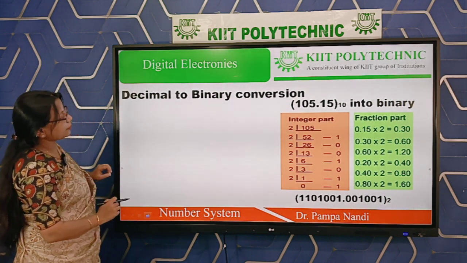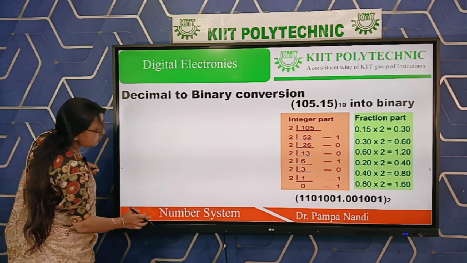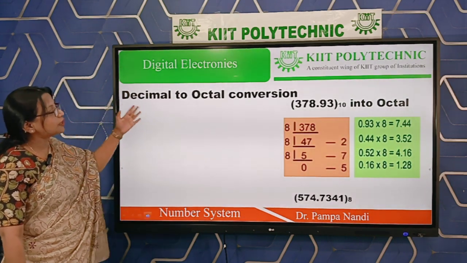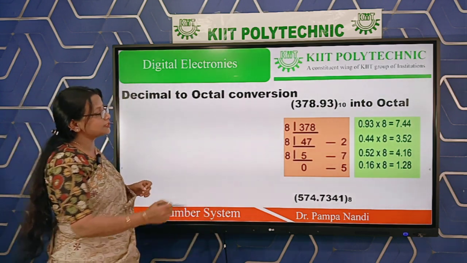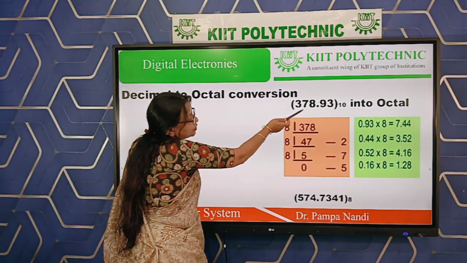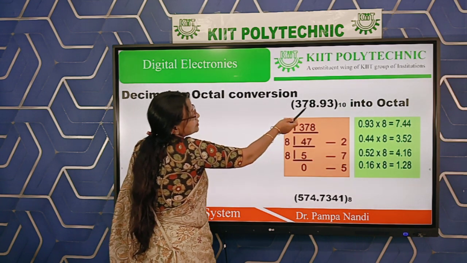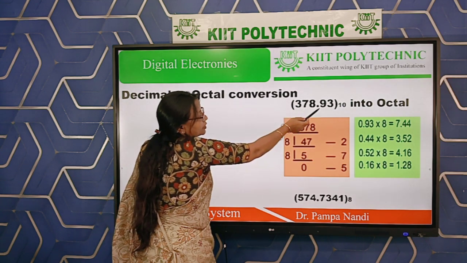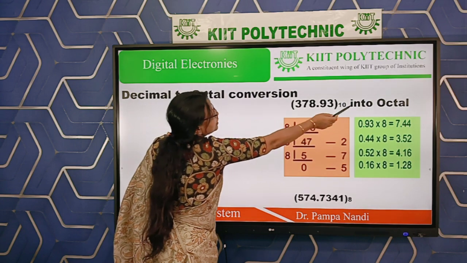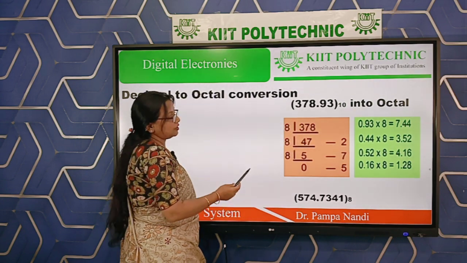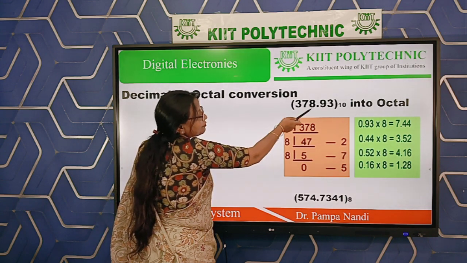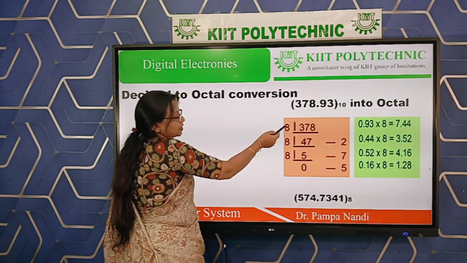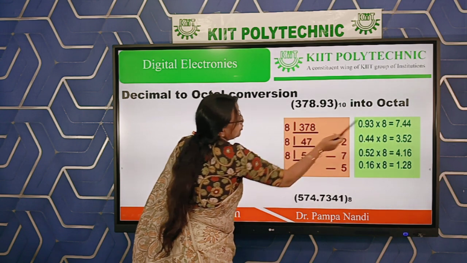We are going to apply the same rule for decimal to octal number. Here you can see that one example is given. Now you can follow the same thing, that is the decimal number 378.93 we need to change into octal. So I am dividing, this is the integer portion and this is the fraction portion.